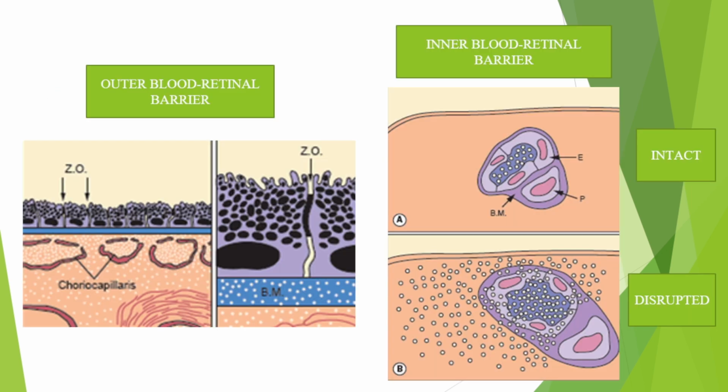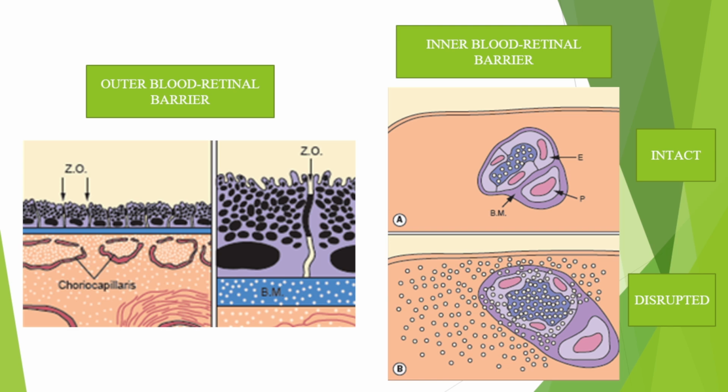So this is a diagram showing the outer blood retinal barrier. We can see the tight junctions between the RPE cells called zona occludens and the fenestrated choriocapillaries. The fenestrated choriocapillaries allow the unbound molecules to pass through, but the tight junctions prevent its entry further.